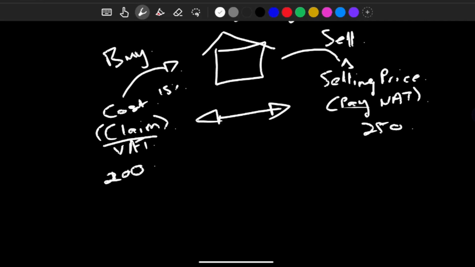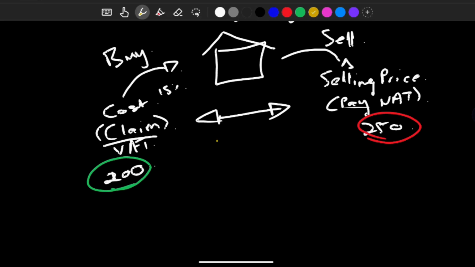Remember, here you're going to claim it, then here you have to pay. So when you claim 200 rand and you have 200 rand in your bank account, then from that 200 rand you go back and say you paid 250. Do you see you're now making a loss? And that's where it comes from.